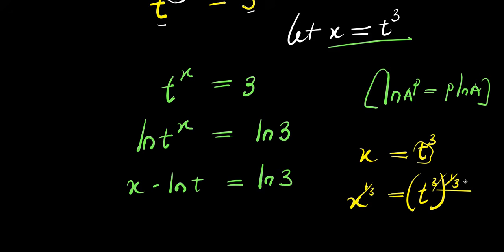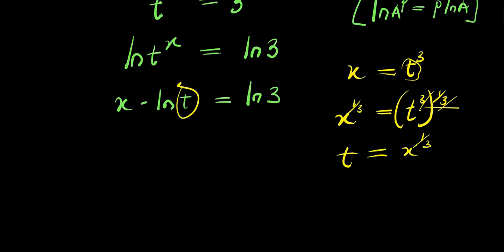If I multiply this out, this cancels this, that means t equals x power 1 over 3. So this t here, I'm going to replace it with x power 1 over 3, making these variables uniform. So I'm going to have x times natural log of x power 1 over 3 equals natural log of 3.